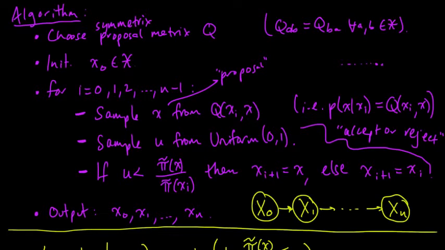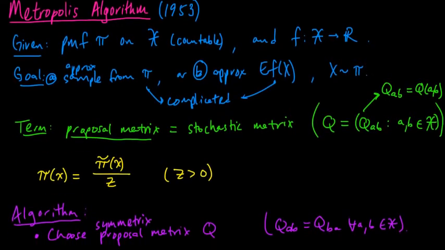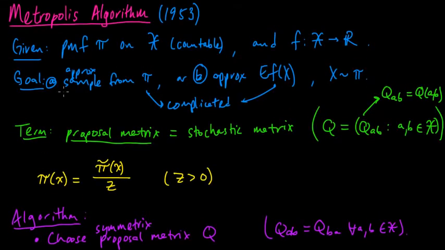We just saw the Metropolis algorithm for MCMC. And next, we need to check that it actually makes sense, that it actually does the right thing for an MCMC algorithm. Remember that our goal was to approximately sample from this distribution pi, or to approximate this expected value.